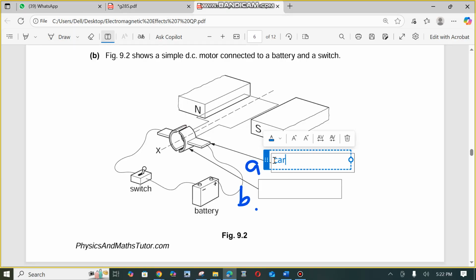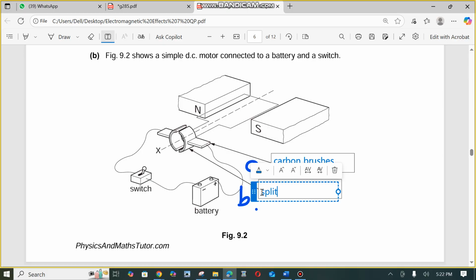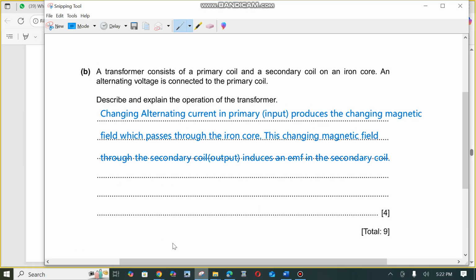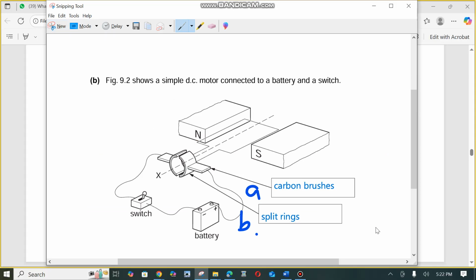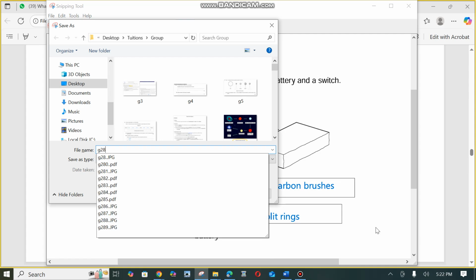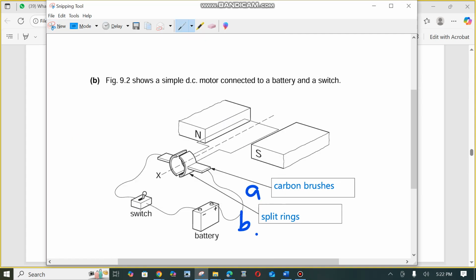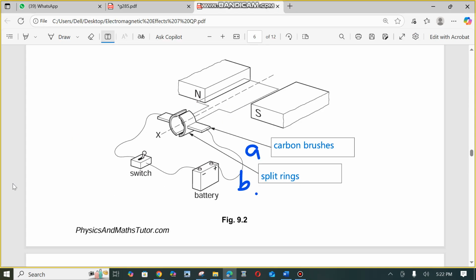Carbon brushes. Yes, carbon brushes, well done. What about part B, Basil? Slip rings. No, these are split rings, because this is a motor. The slip rings are in case of a generator. Does that make sense? Yes. Okay, then. This is clear fully.